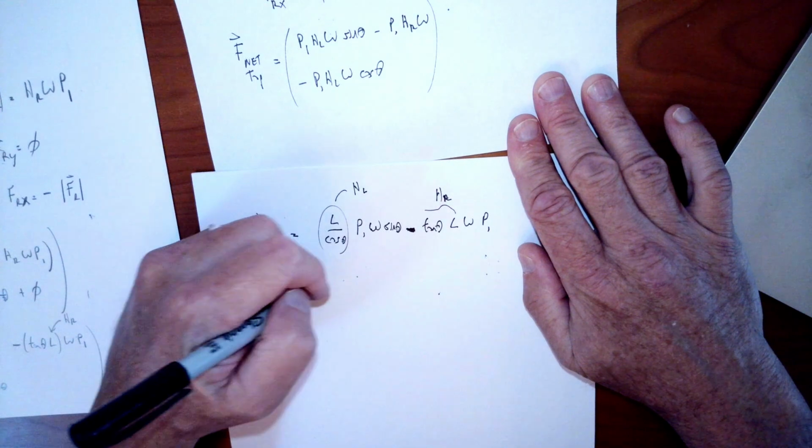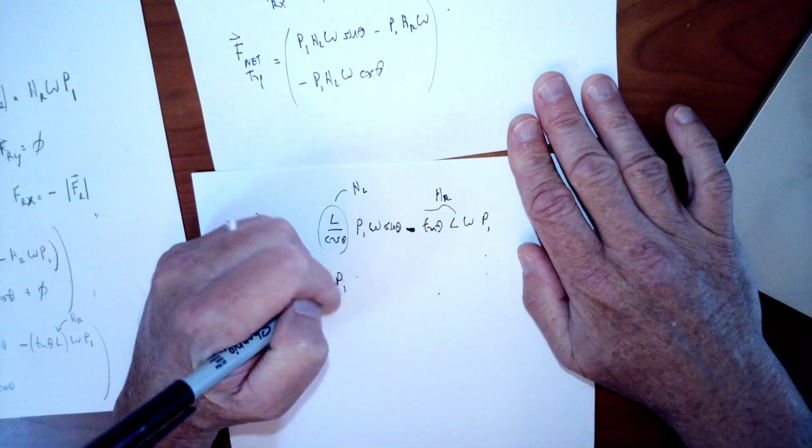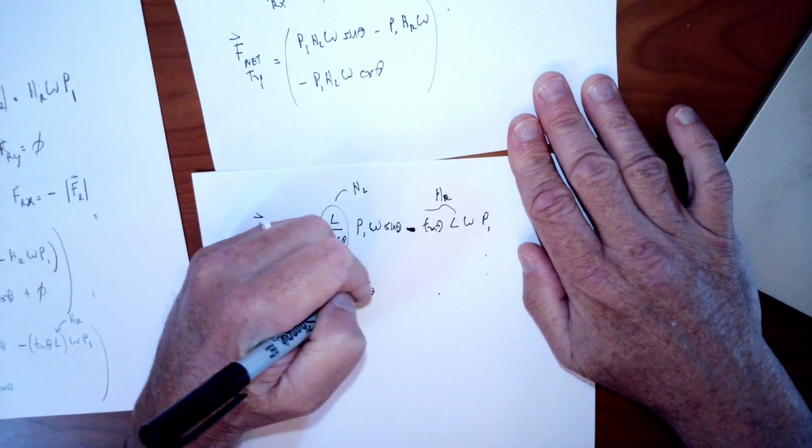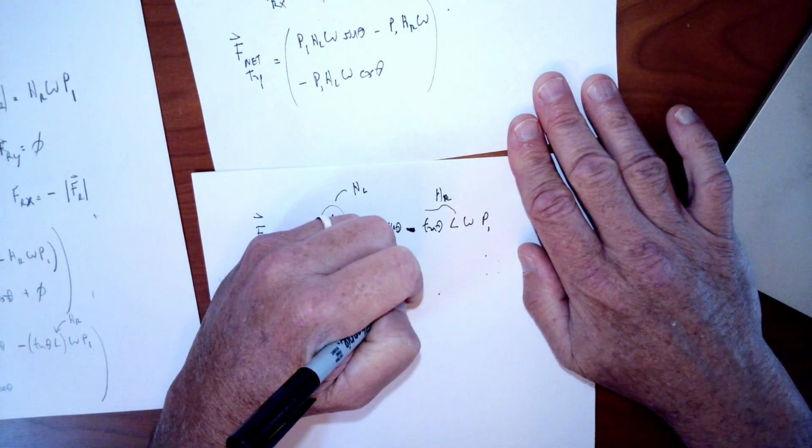And then in the second term, I have minus P1, I have HL again, so L over cosine theta times W cosine theta.